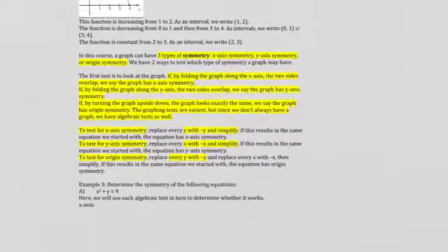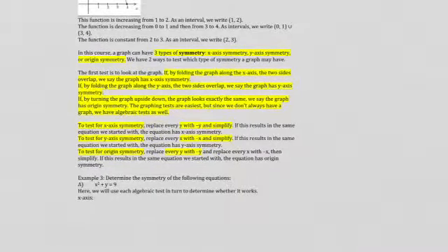Let's take a look at the idea of symmetry. To define whether an axis is a symmetry or not, you need to remember perfectly well these three tests. If you want to test whether x is the axis of symmetry, you just need to replace y by minus y, and if you have the same equation at the beginning and at the end, it is the axis of symmetry. It's the same idea with the y-axis.